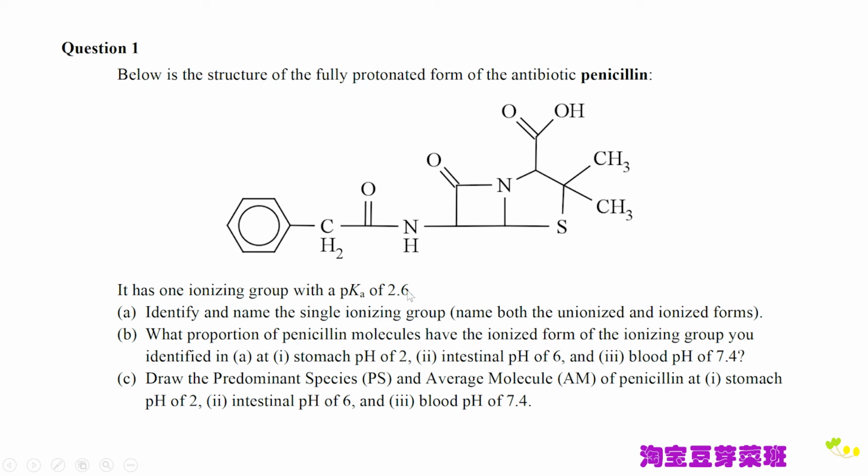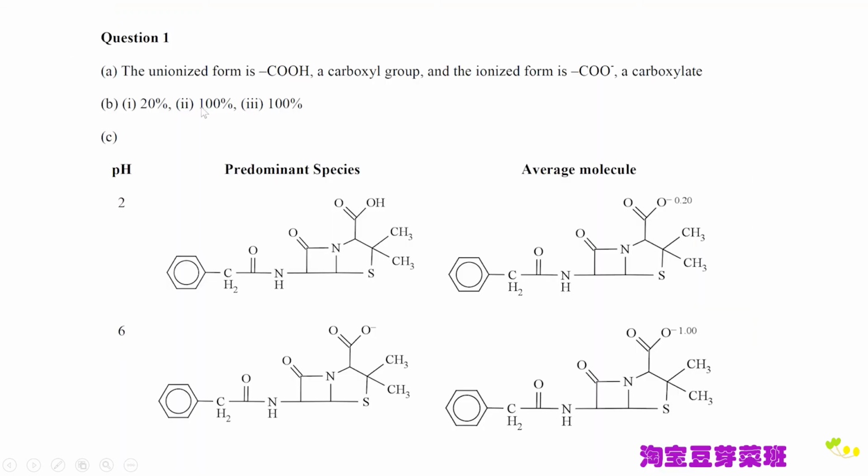So the ionizing group must be an acid. So it must be the carboxyl group, because this one is an acid. The unionized form is called the carboxyl group, and the ionized form is called the carboxylate.